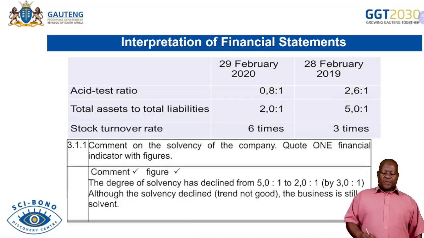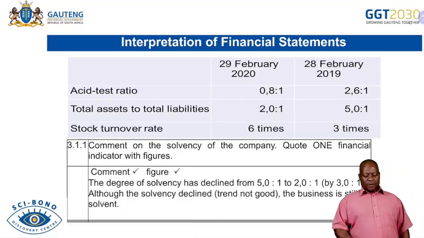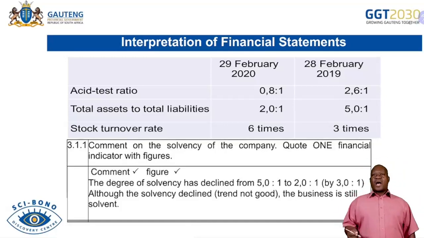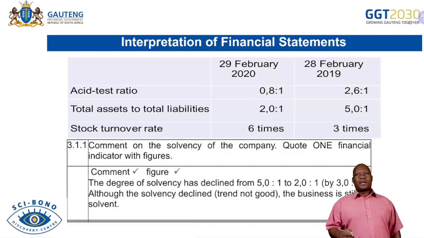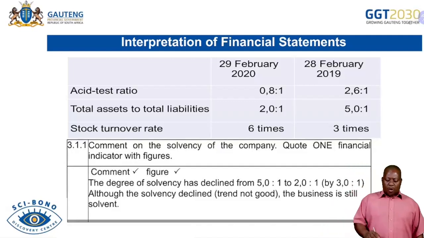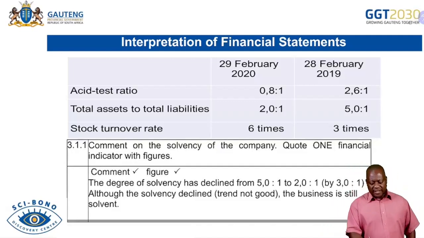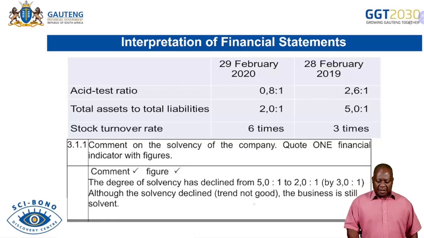Now, the degree of solvency has declined from 5 to 1 to 2 to 1. It has declined by about 3 as to 1. Now, although the solvency has declined, the trend is, the business is still solvent.